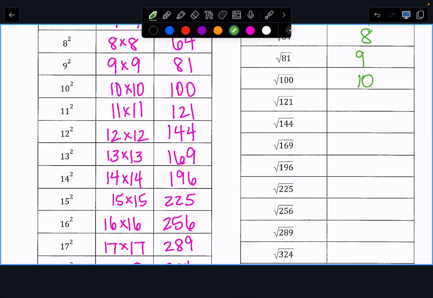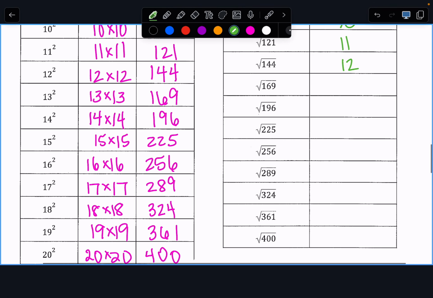The square root of 121 is 11. The square root of 144 is 12. The square root of 169 is 13. The square root of 196 is 14.